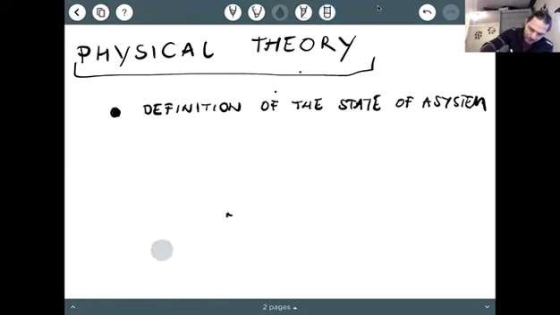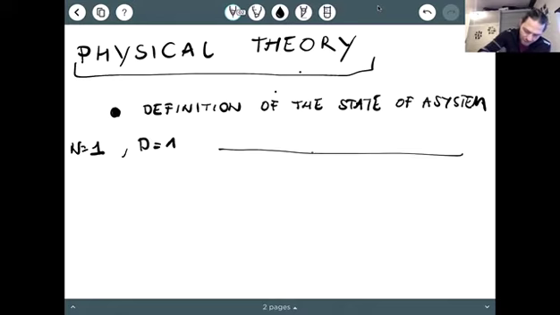if I have a particle in 1 dimension, 1 particle, d equal 1, meaning I have a particle propagating on a line and can only move forward or backwards, very boring life. In this case, I have 1 component for the position, there's only 1 coordinate, and 1 component for the momentum. So in total, my phase space is 2-dimensional, and I represent it this way.